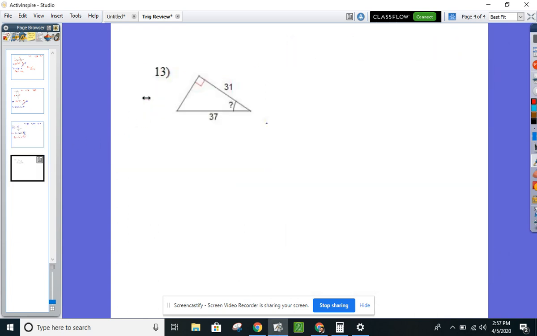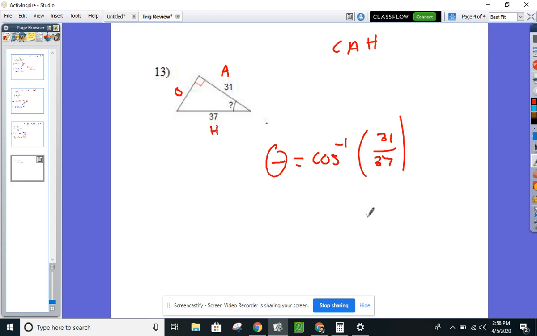So let's do one more of these so we can look at it. This is our angle, making this our opposite, this is our adjacent, and this is our hypotenuse. Adjacent and hypotenuse is cosine. Cosine is adjacent over hypotenuse. Since we're looking for an angle, we can just say theta, our angle, equals the inverse cosine of the adjacent over the hypotenuse.